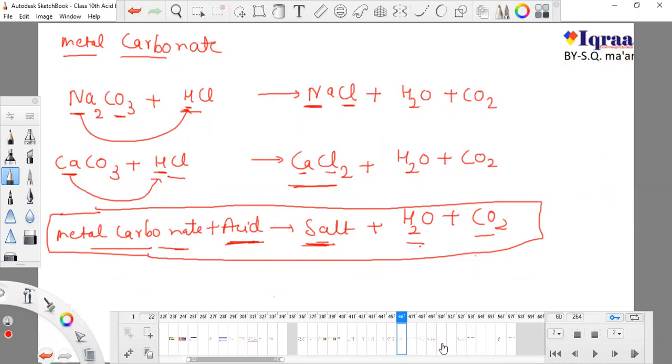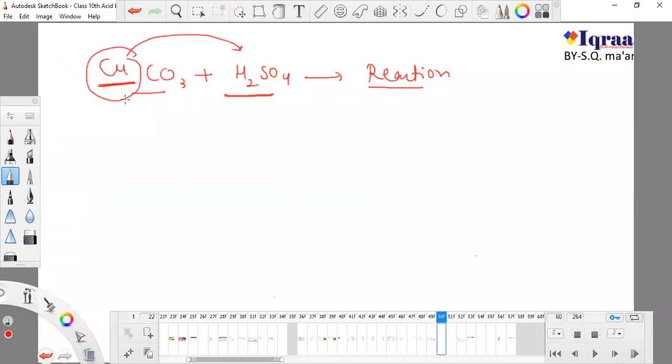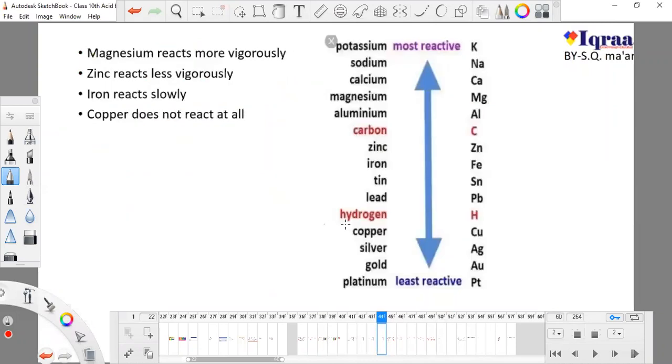But remember, never take copper in your example, because if you use copper in your example, there will be no reaction. If you are working with acid, don't use anything below hydrogen in the reactivity series, because they are less reactive and they can't replace hydrogen.